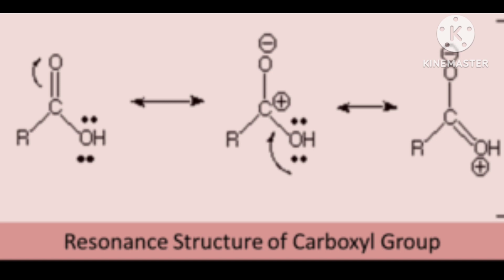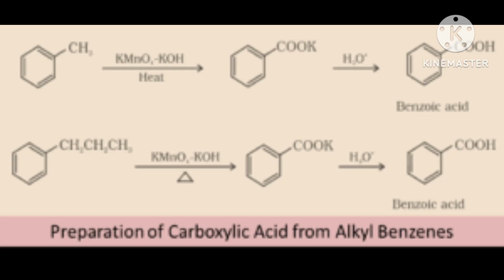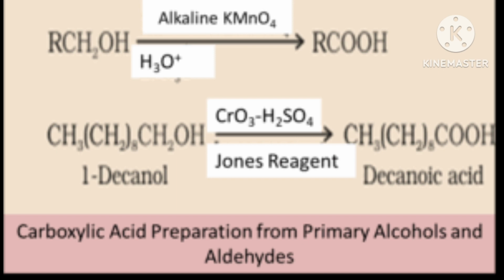In the beginning one oxygen was there, now it became two oxygens. Now you can see another example I am telling you. Long chain, same thing, RCH2OH is there, but in the place of R, a decyl group is attached.